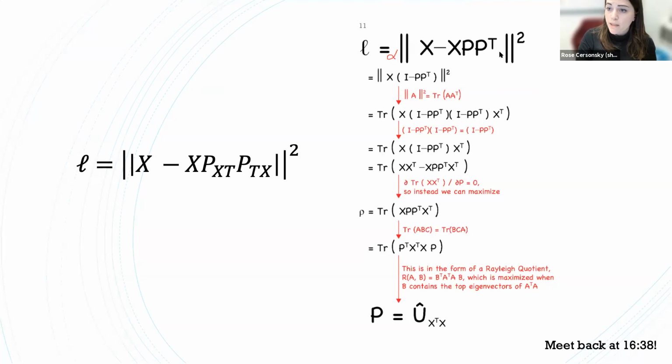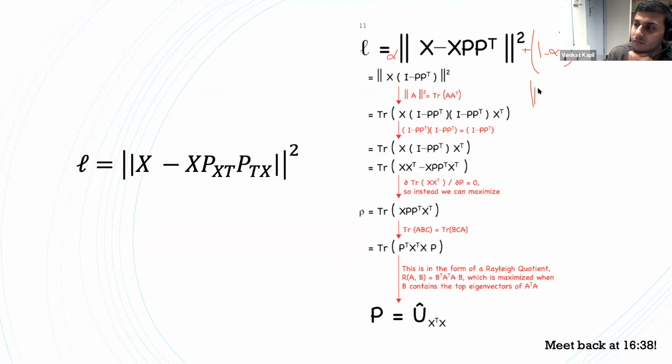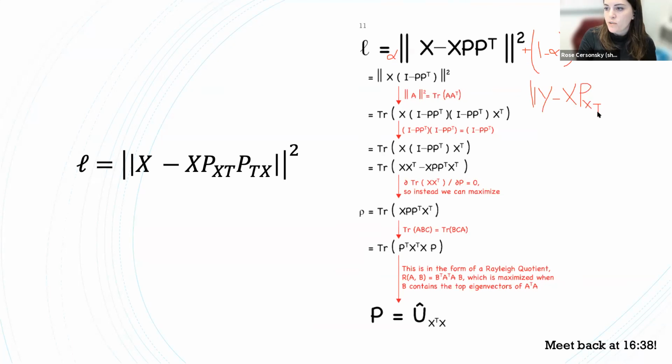If we were to weight this with some other factor here, that is our loss due to our property matrix. So projecting our X into our latent space, and then projecting our latent space back into our regression. This would be picovar.